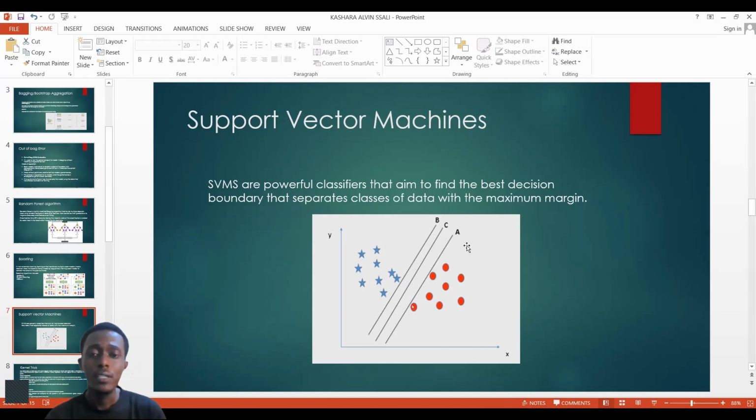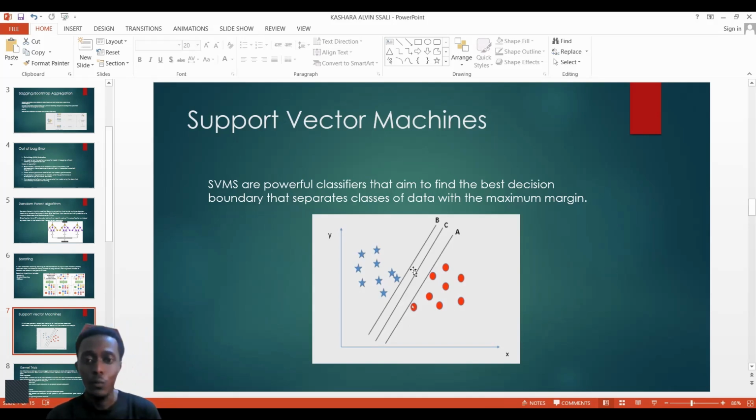As you can see, we will take C as our best decision boundary because, one, it classifies the data separately. That's why there's no misclassification: there's no X data point in the dot data set, and no dot data point in the X data set. And two, it also maximizes margin.